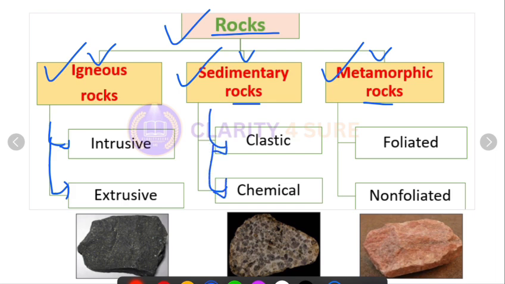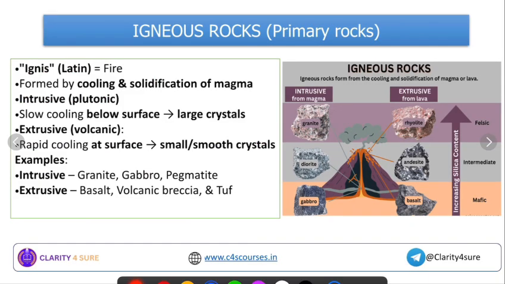Sedimentary rock is further classified as clastic or chemical rock, and metamorphic rock is further classified as foliated and non-foliated rock. You can see from the pictures how these three rocks are different from each other. Now let's discuss each one of these rocks one by one.